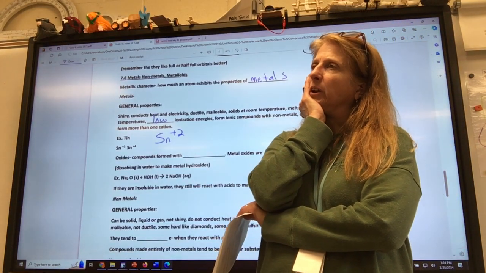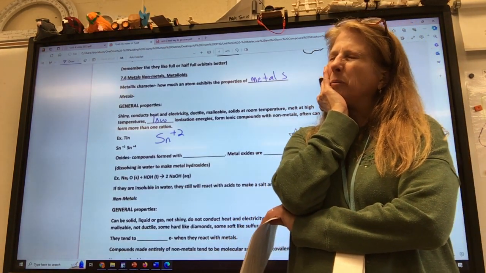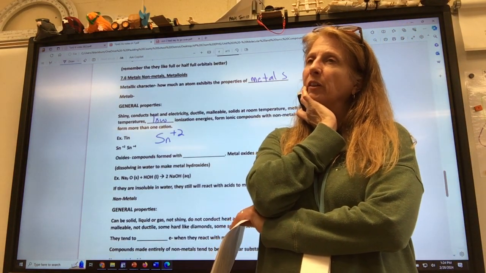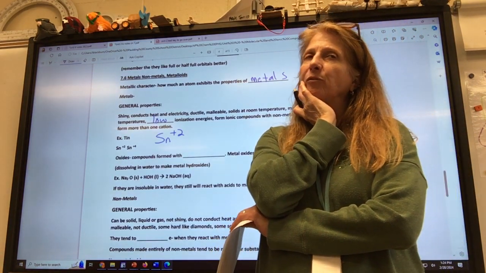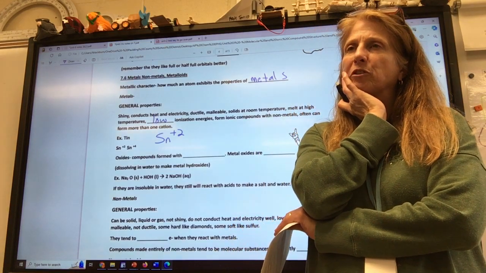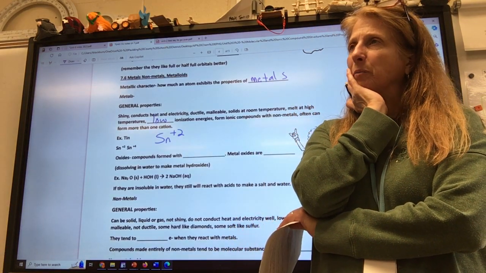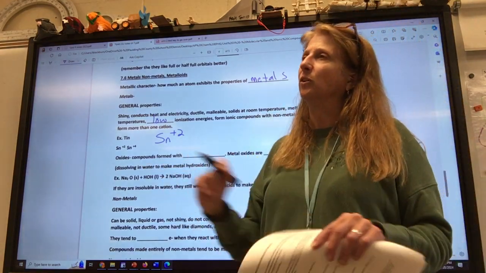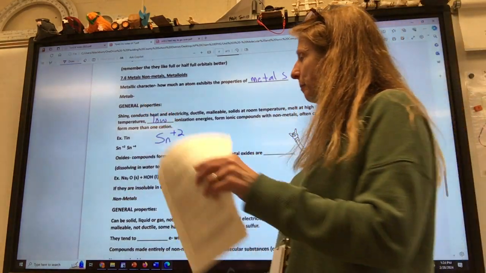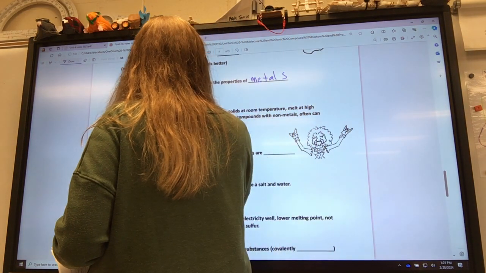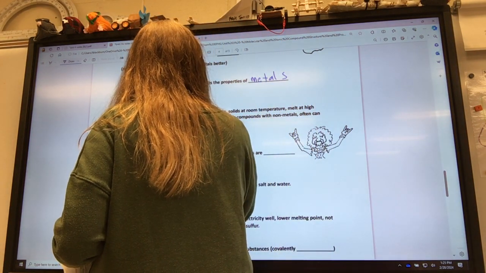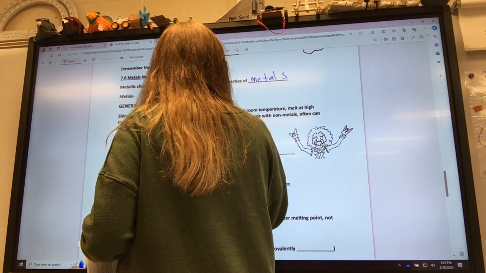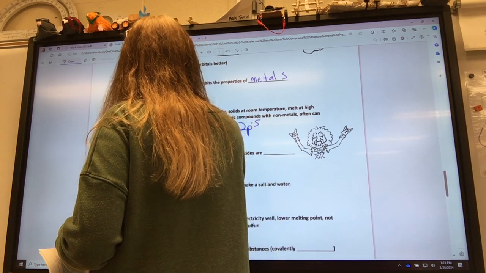What orbital are they in? P orbital. It's those 2 in the p. Because remember, they like full or empty. They don't like mishmash. So tin's like, I'm going to become an ion. I'm losing these 2. And then I'll have a nice empty p orbital and I'll be happy. So this one loses the 2 p's.